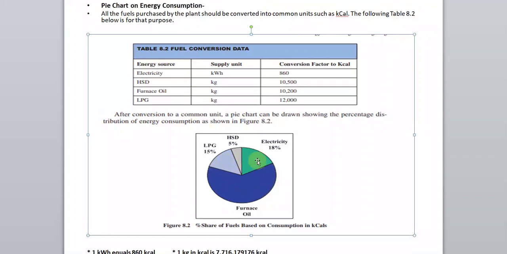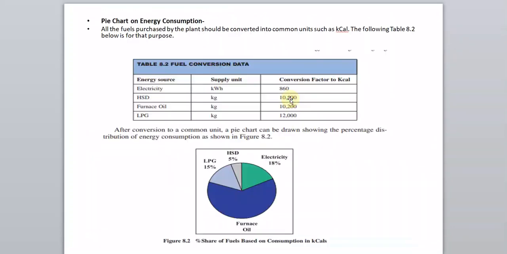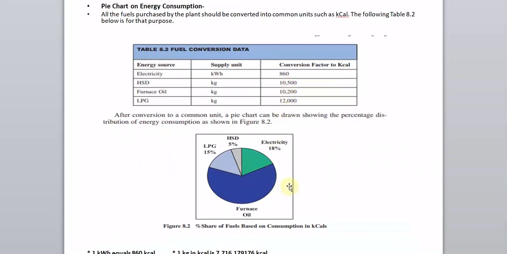Now if you compare this table, 45% of the cost was given to electricity. Here the number has been reduced, it has become only 18%, because whenever you use electricity in kilowatt hours, a lesser amount of kilocalories is burned.